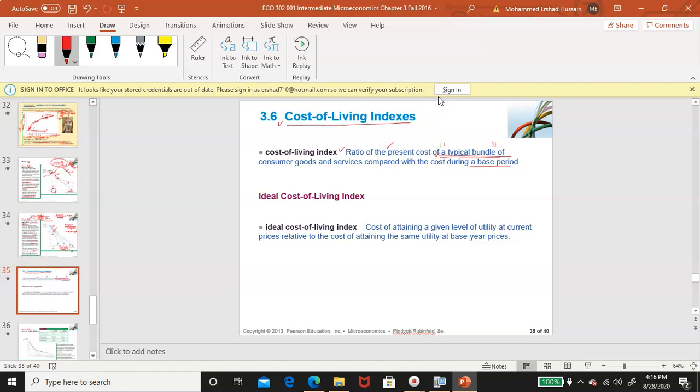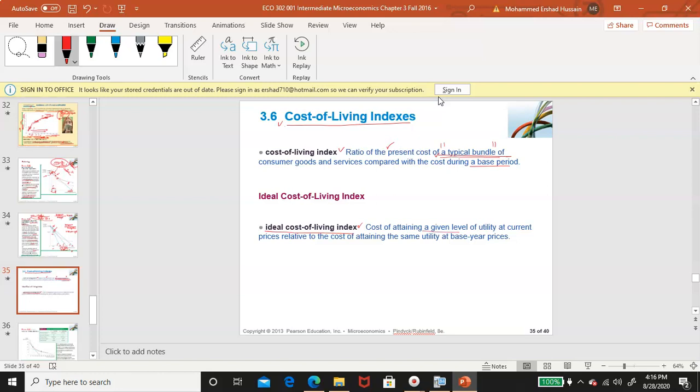Now there are different ways to do this. One is the ideal cost of living index. The ideal cost of living index includes the cost of attaining a given level of utility at current prices relative to the cost of attaining the same utility at base year prices.